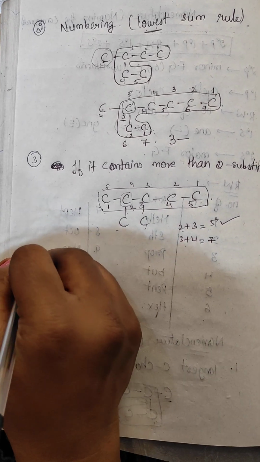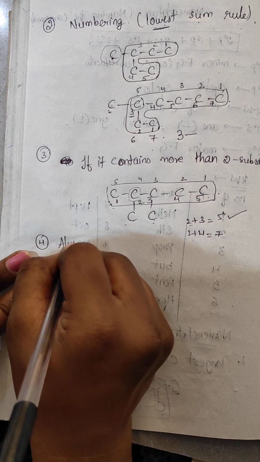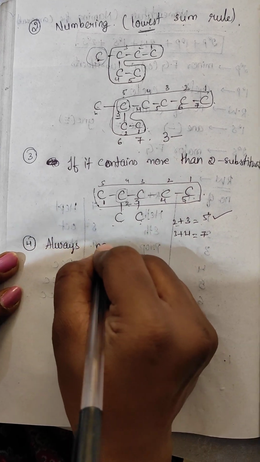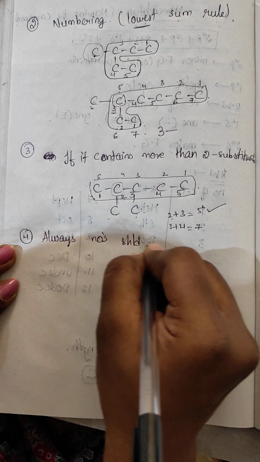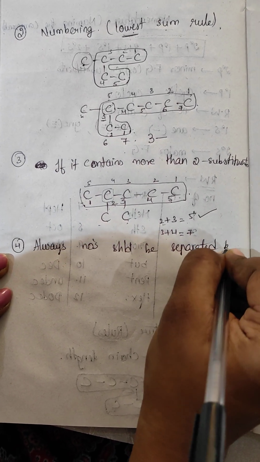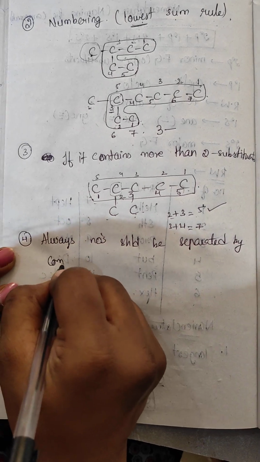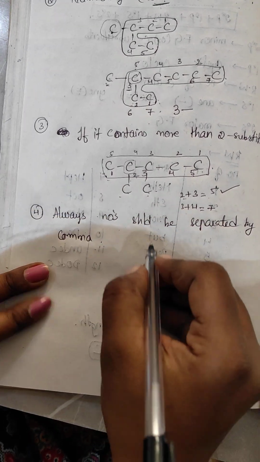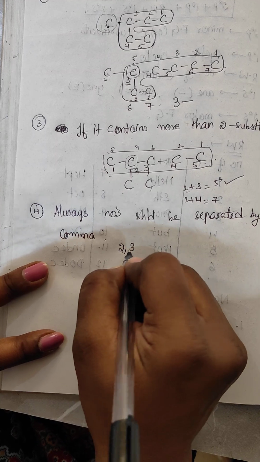And next point is always, numbers should be separated by comma. So it should be written as 2, 3.